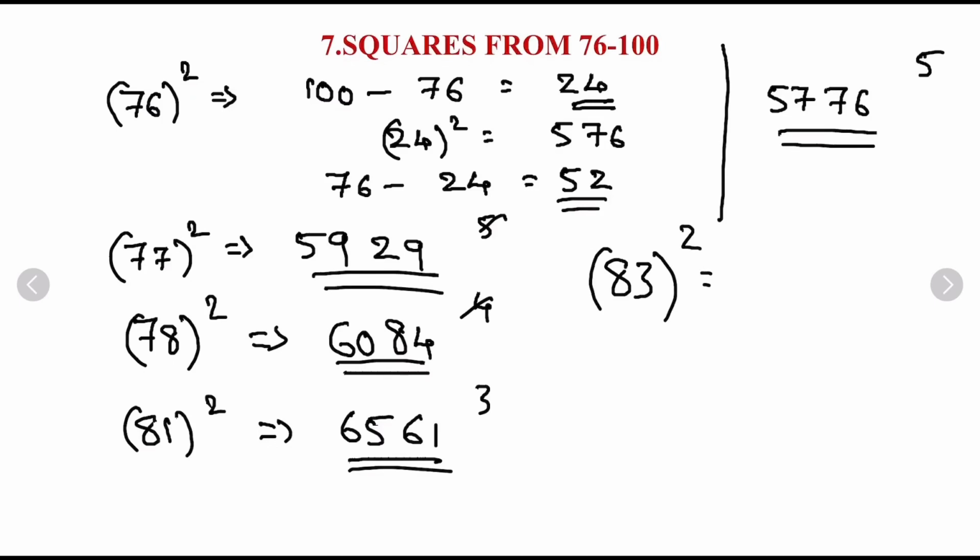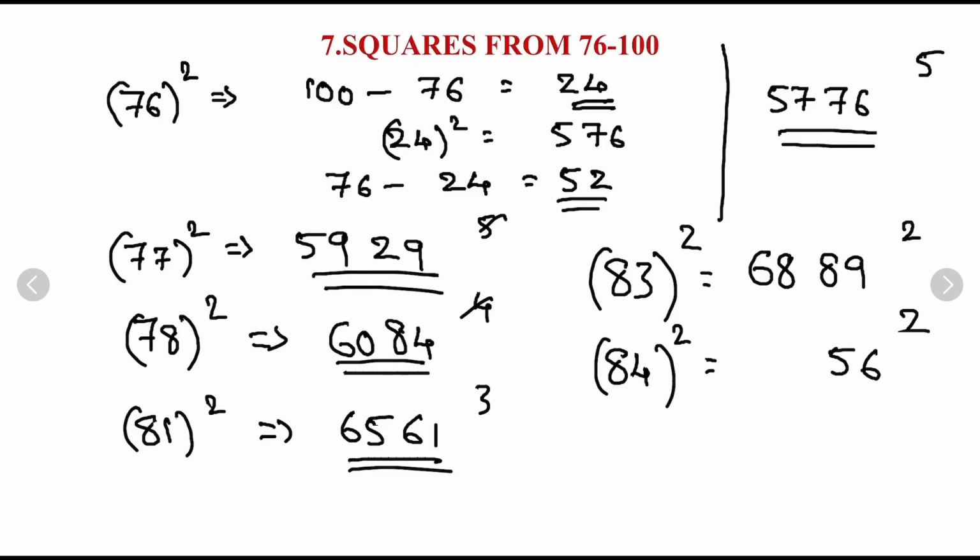How much less than 100? 17. 17 square, 289. 2 carry forward. 83 minus 17. So value is 66 plus 2, 68. 84 square. I need to calculate 84 square. So 16 square, 256, 2 carry forward. 84 minus 16. So 68 plus 2, 70.